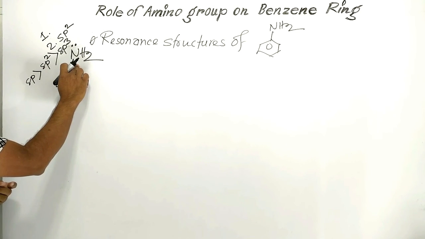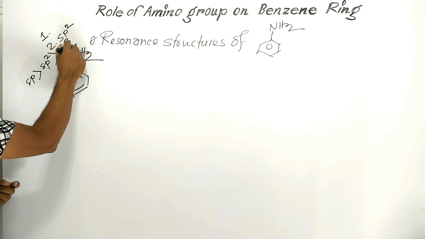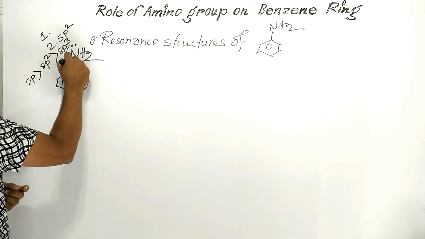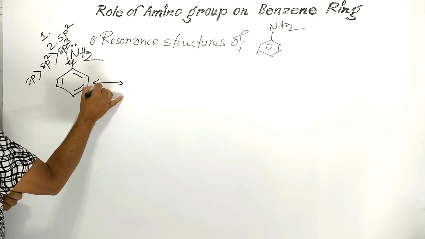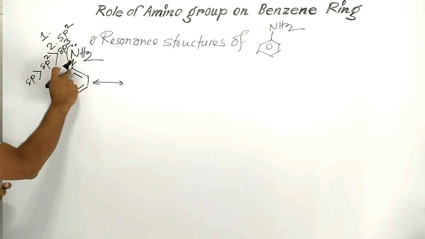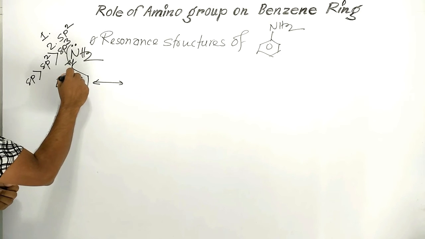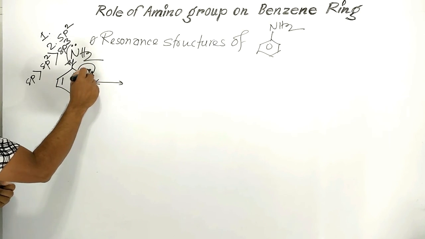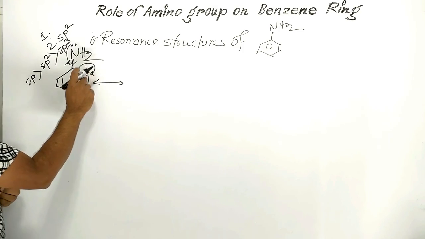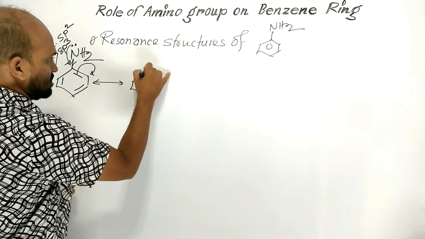As a result, lone pair electrons of nitrogen turn into bond pair electrons, and as a result electron-electron repulsion is created here. Because of the electron-electron repulsion, these pi bonding electrons turn into lone pair of electrons and we get this resonance structure.